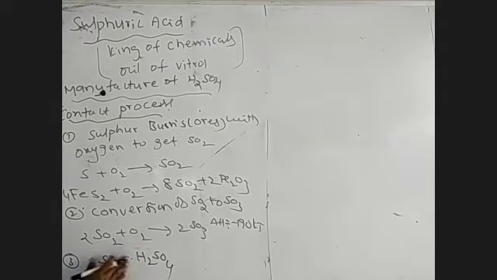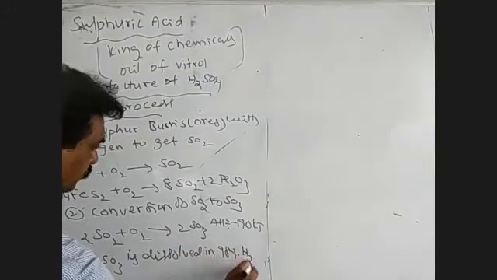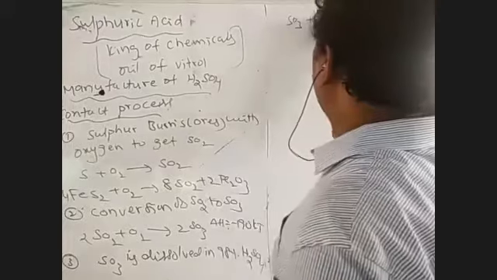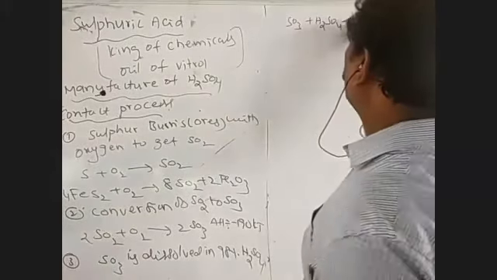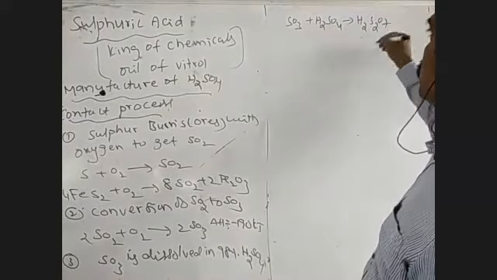SO3 is dissolved in 98% H2SO4 to produce the compound H2S2O7.